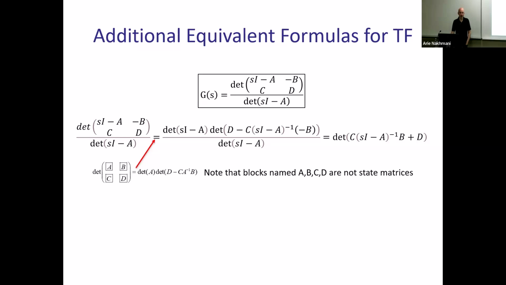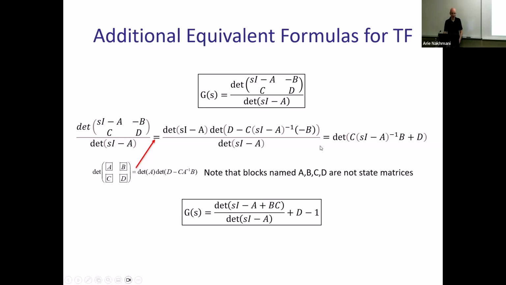It's just a number, because all of that thing is just a 1 by 1 matrix. So the determinant of a 1 by 1 matrix is that matrix itself. Since this is one dimensional, the determinant of that one-dimensional thing is that thing. That's exactly how it works. So this thing equals the original transfer function formula that we had.